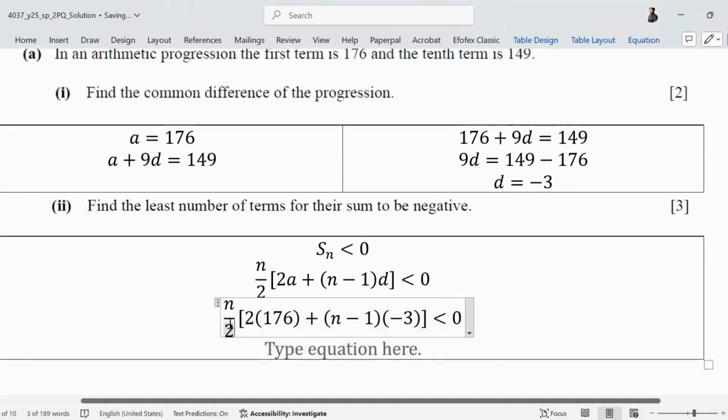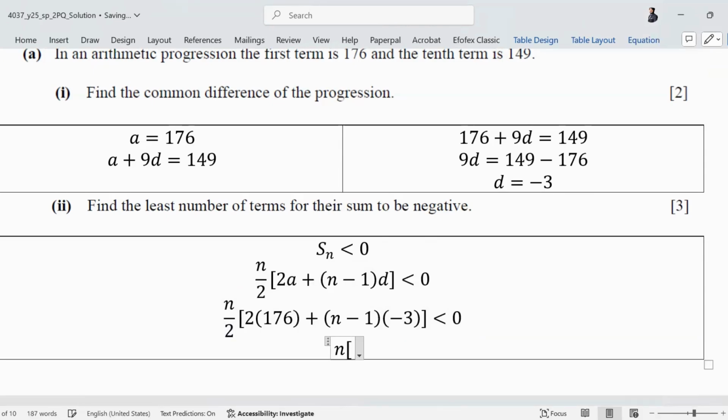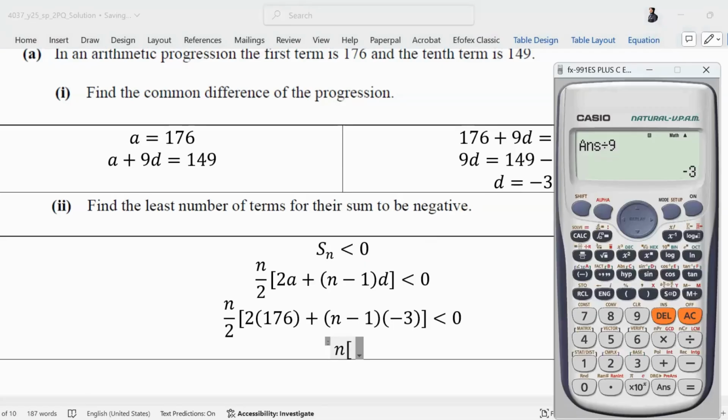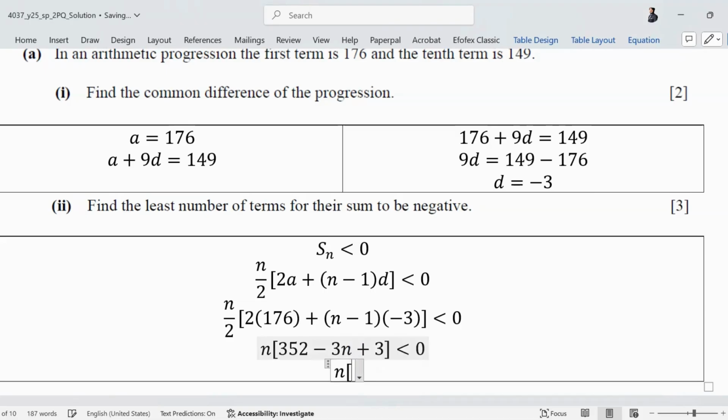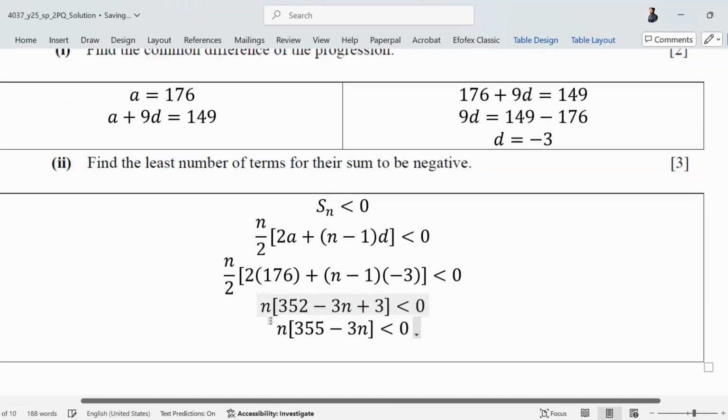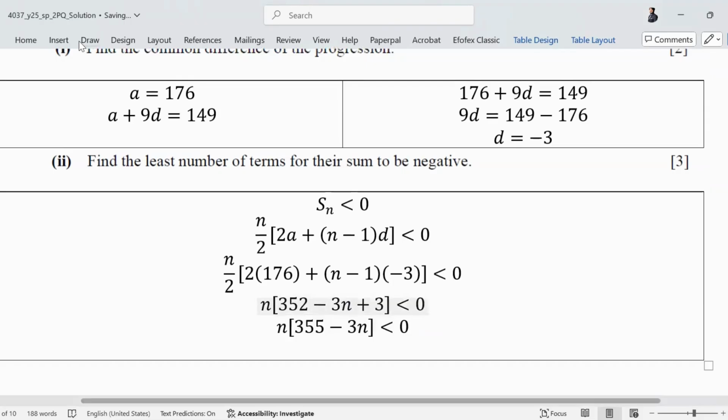This 2 is dividing. I take it on the other side. I get rid of this denominator. 2 into 176 is 352, minus 3n plus 3 is less than 0. So n and 355 minus 3n is less than 0. This is a quadratic inequality.